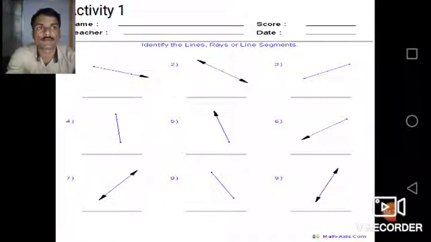Lines are denoted by two arrows. A ray is denoted by only one arrow, and one end of the ray is nothing but the origin of that figure. And a line segment has two endpoints.